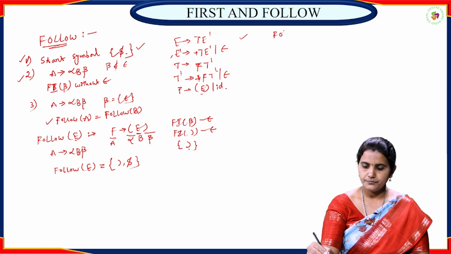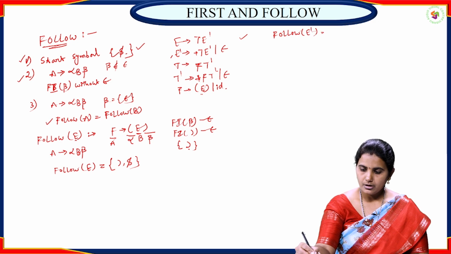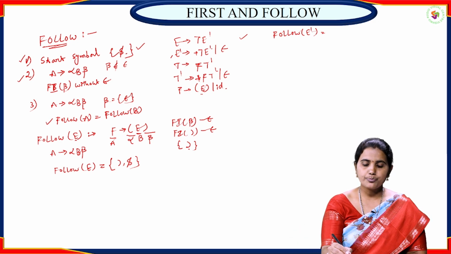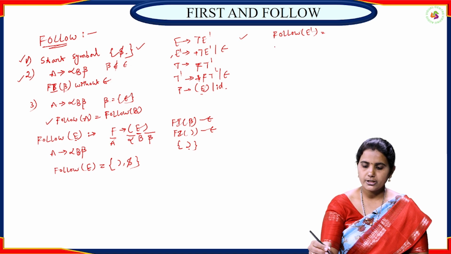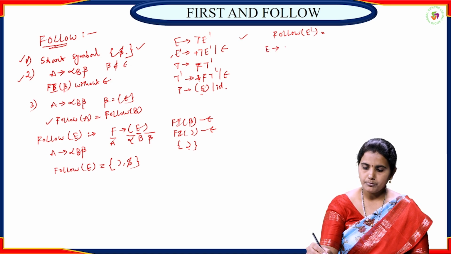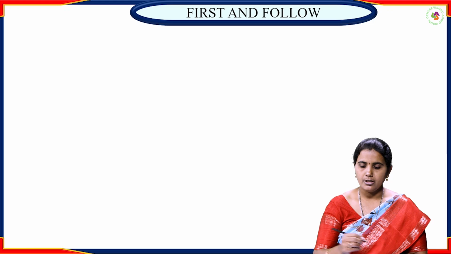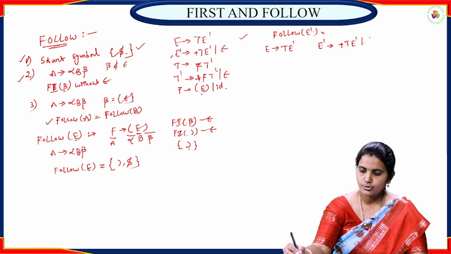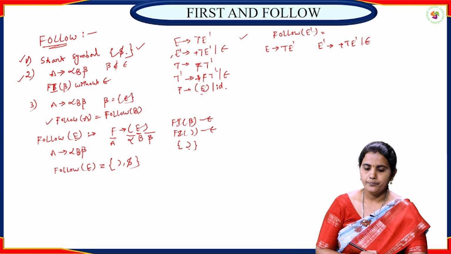Now let us find the right hand side E dash productions. In the first production E dash is there: E implies T E dash. Go for the second production: E dash implies plus T E dash or epsilon. Okay.